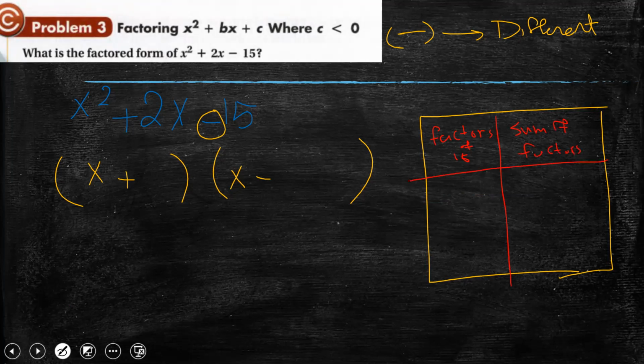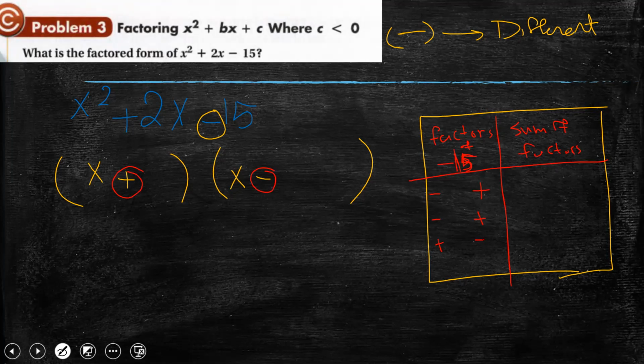Since we have positive and negative, one must be negative and the second must be positive, negative, positive or positive, negative, because if I multiply them, I must get negative 15.